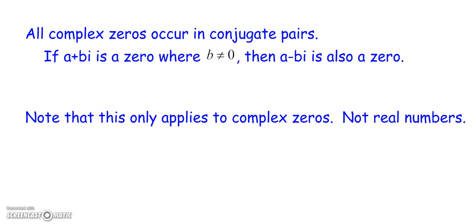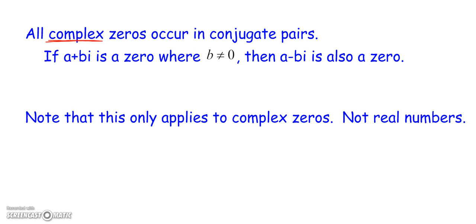Alright, so an important point to this section, and something that will help you on every problem that you deal with zeros and complex numbers. All complex zeros will occur in conjugate pairs, and let me explain what that means.